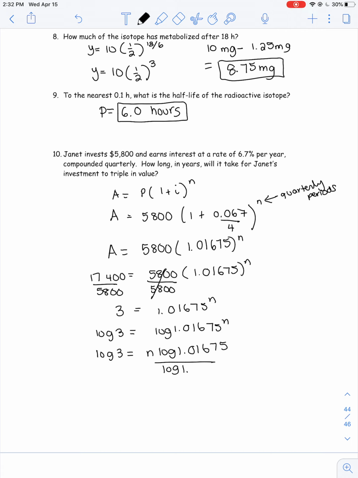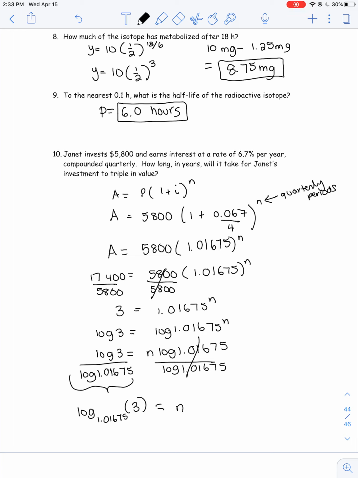And we're going to divide both sides by the log of 1.01675. Now what we want to remember is that whenever we do this, this is the same as saying log, the base is that little number. So we actually can divide by that. Whenever we write it like that, this is equivalent to doing this. So this is what n is. So it's always log of your large number divided by log of that little base number.